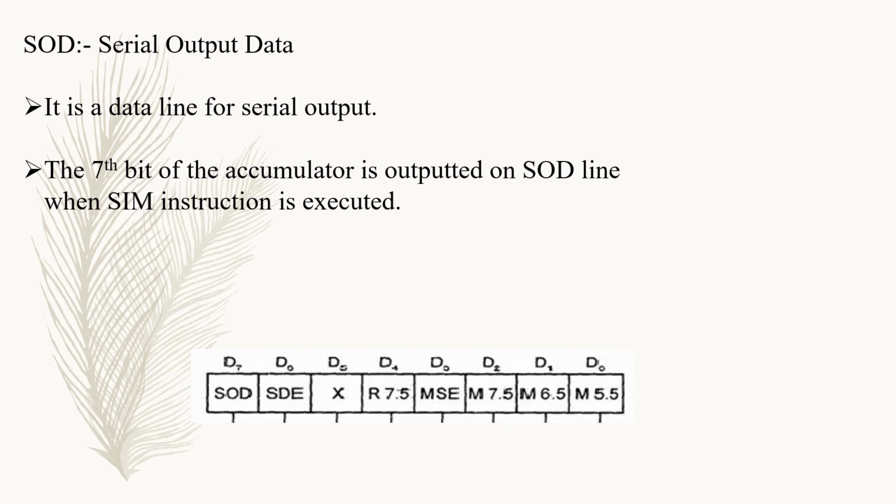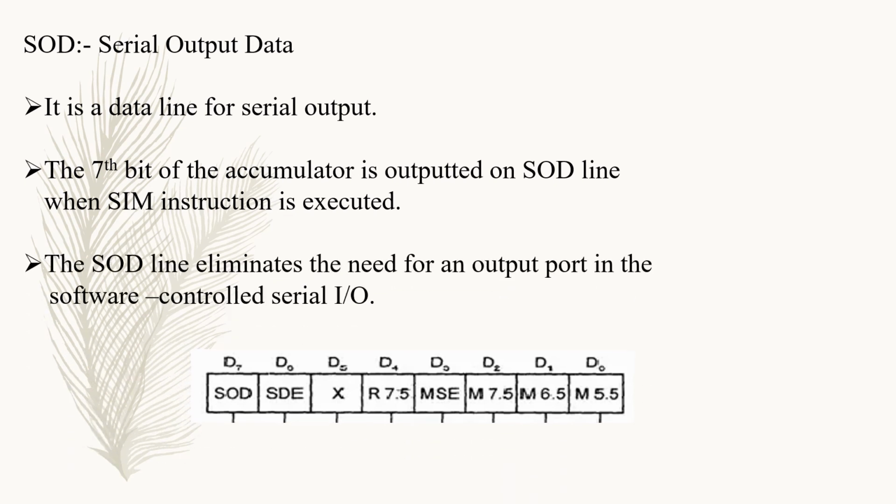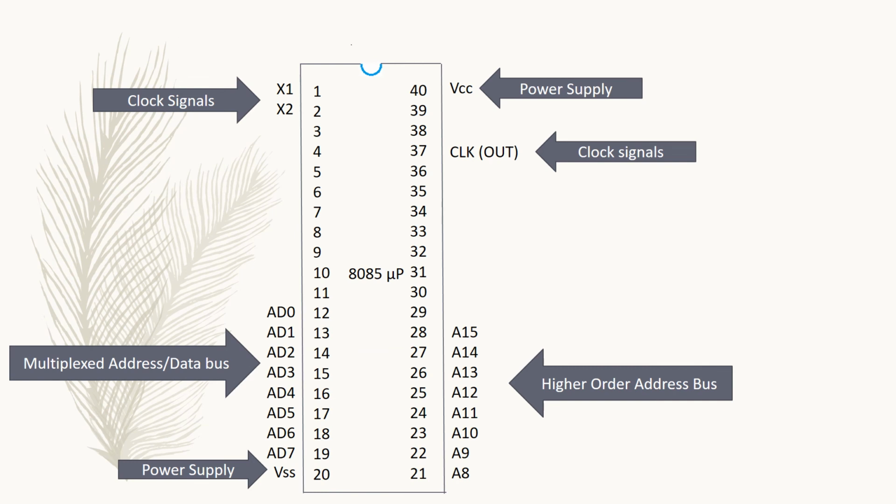And when the SIM instruction is executed, the seventh bit of the accumulator is output, that is, the data is written on the SOD line. Again, the SOD line eliminates the need for an output port in software controlled serial input output. These two pins play a very important role, because of them the need for serial ports has been reduced. So this is the pin configuration.